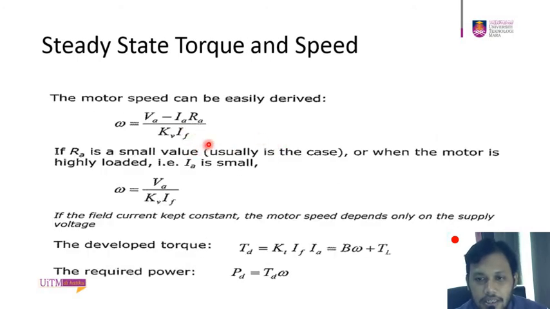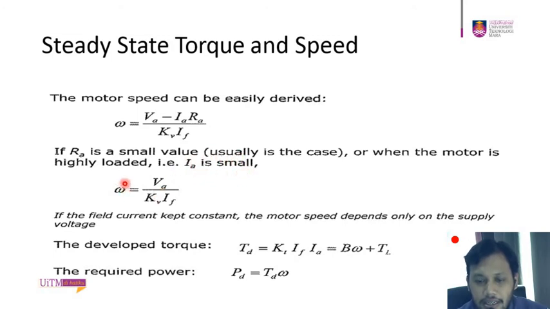And you can easily derive the speed also. From the three equations earlier, you can derive the speed omega. If Ra is a very small value, which is usually the case, since the resistance in the armature circuit is very small, then when the motor is lightly loaded, Ia is very small.